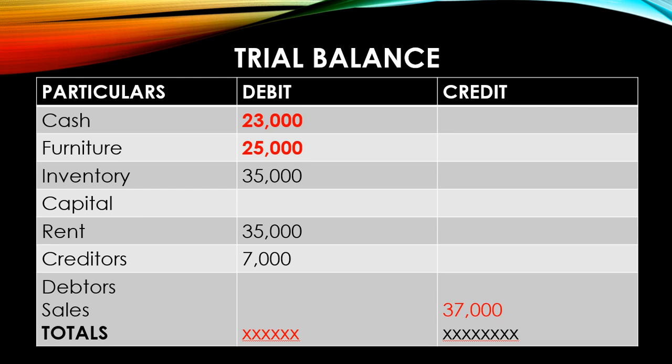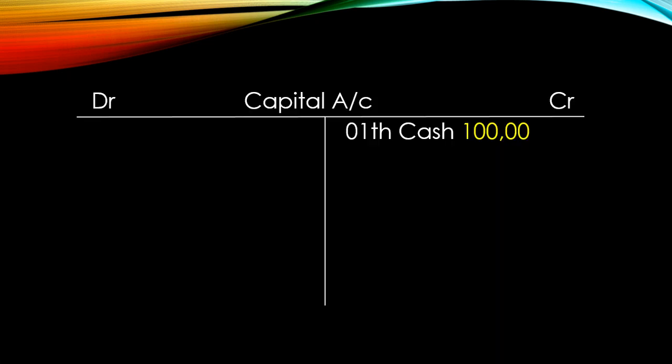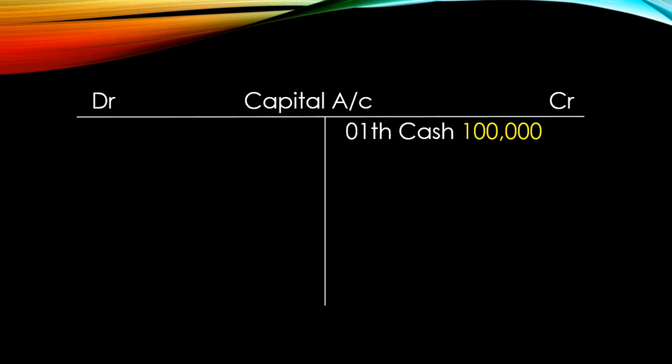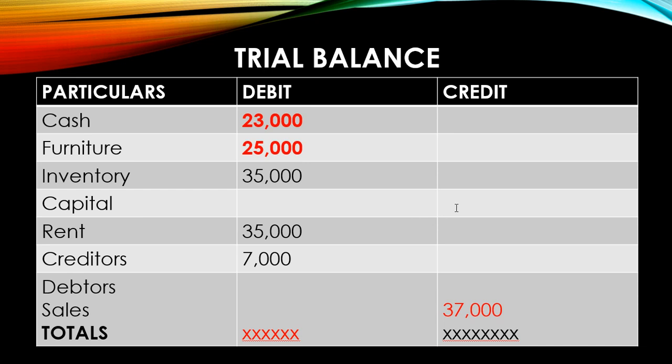Then we go back. You remember we had the capital. Capital is on a credit side. So we come here and we record the capital here. Capital here is 100,000.